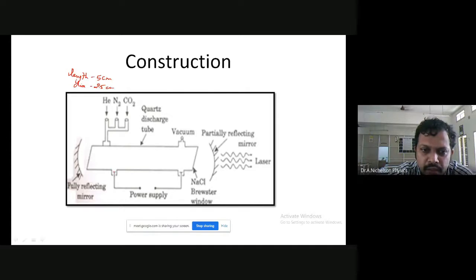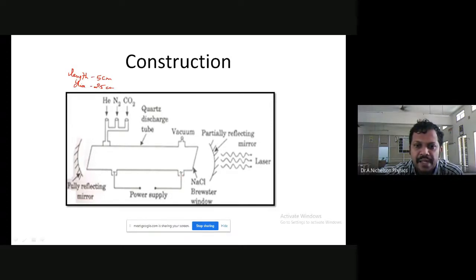Now here another connection is there to the power supply. What is the use of this power supply? Here a DC power supply is given. Some voltage you have to provide, and when a potential difference is there, electrons will flow.